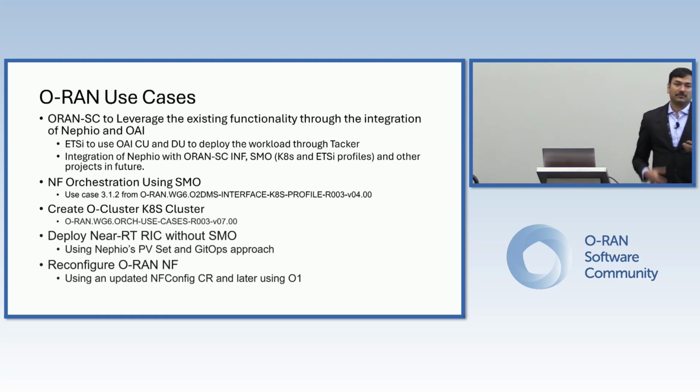We are getting the workloads from OI, the CU and DU are what we are taking from there. OSC is the enabler for the end-to-end orchestration piece, and then Nephio becomes one more piece for the cloud native part. So we are also looking at both the HC profile as well as the K8s profile. The K8s profile is what we want to do from the Nephio side. The HC profile is what we want to do from the Tacker part, again coming from the OpenStack part of it. So together we have all these things.